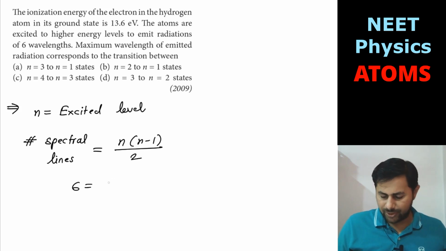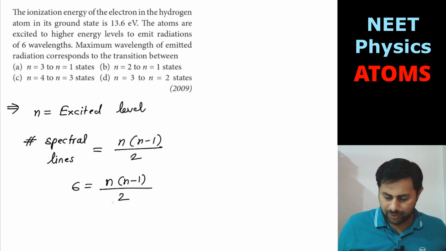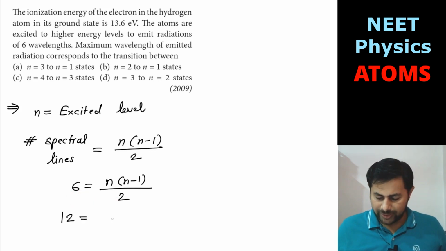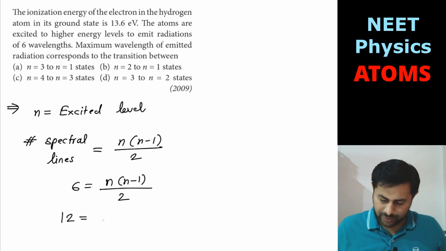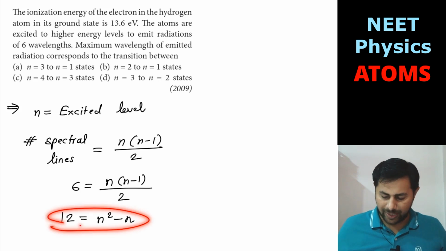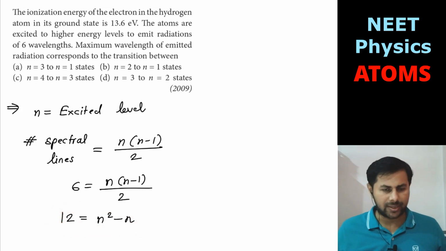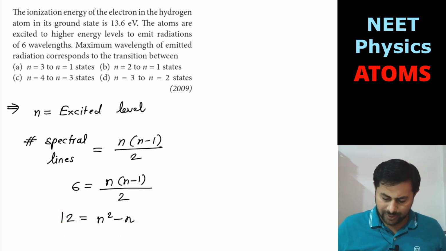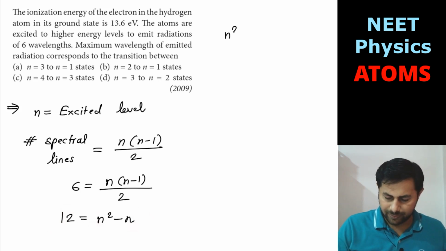So 6 is equal to n times (n minus 1) divided by 2. So 6 times 2 is 12. So 12 is equal to n square minus n, and then you need to find the solution for this quadratic equation: n square minus n minus 12 is equal to 0.